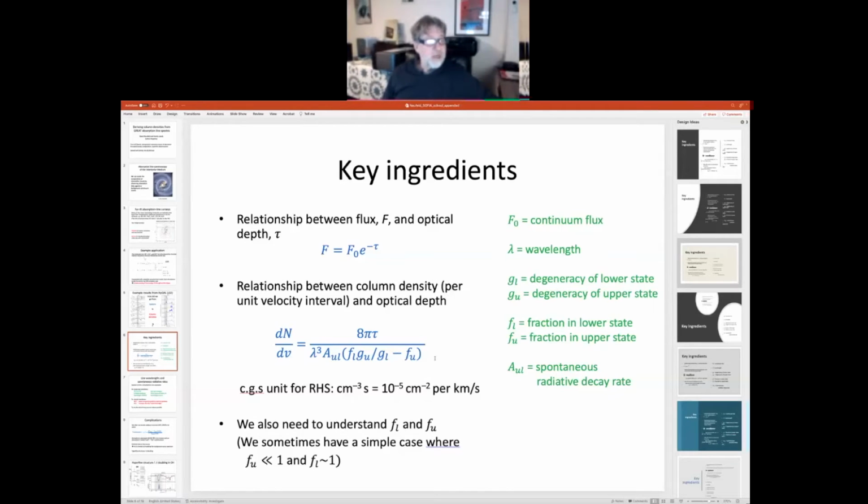Obviously, we also need to understand the fraction of molecules in the lower and upper states. Although sometimes we have a very simple case where all the molecules are in the lower state, and we can neglect the second term in the denominator here, the negative term that corresponds to stimulated emission.